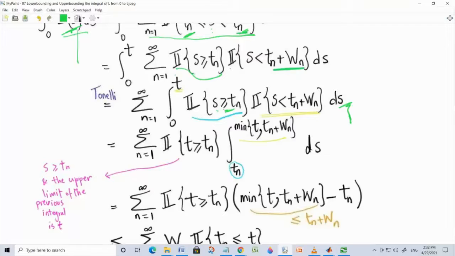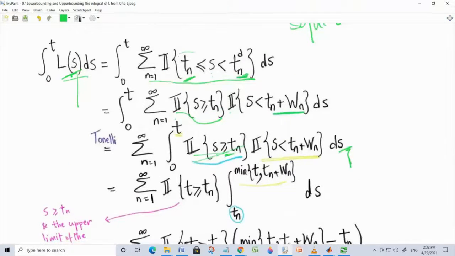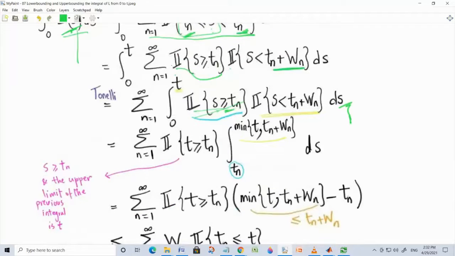We will eliminate this indicator, but we will make the lower limit of integration equal to Tn, because this must be satisfied. So now our integral, rather than starting from 0, starts from Tn, and the indicator is incorporated in the lower limit of integration. What about the upper limit of integration?